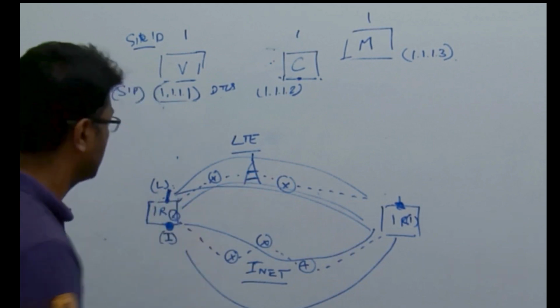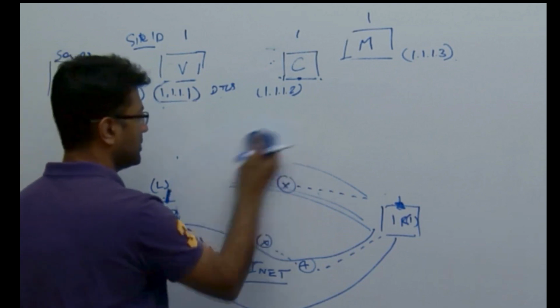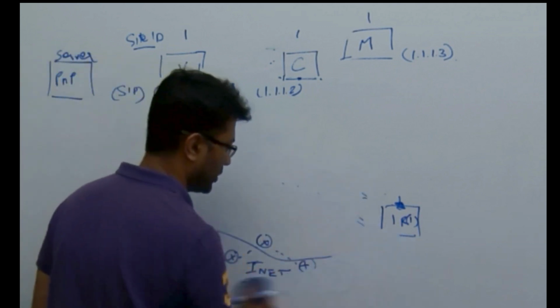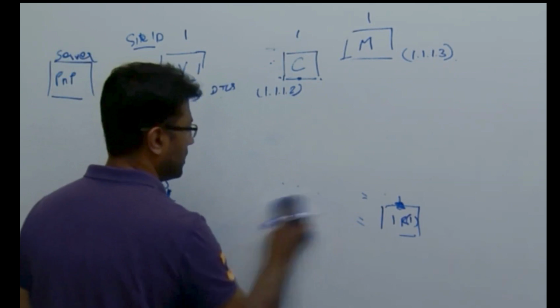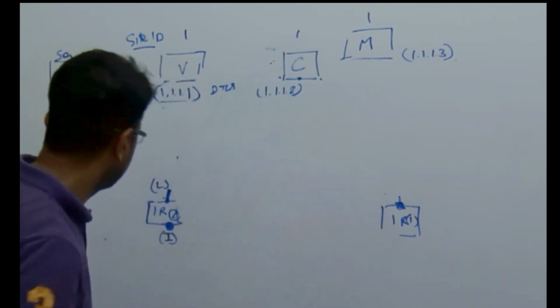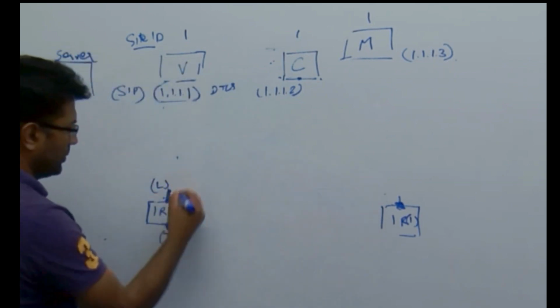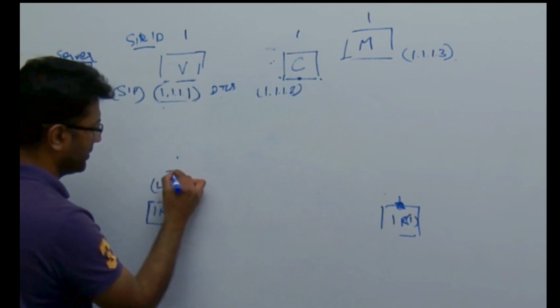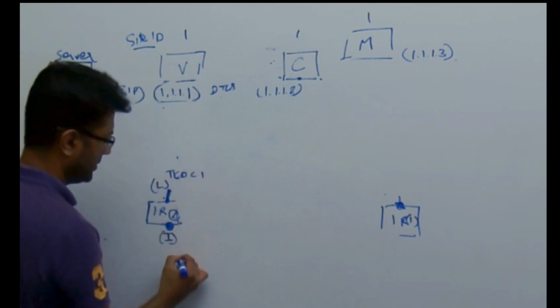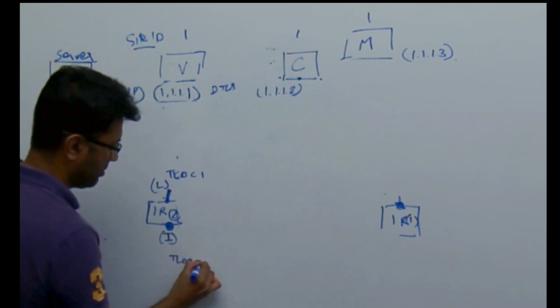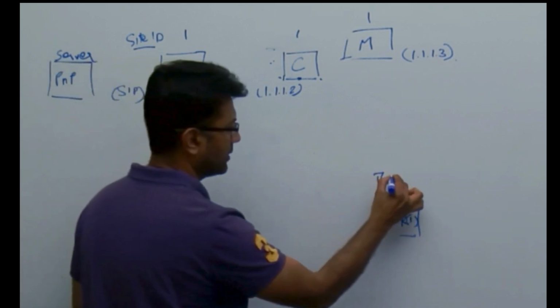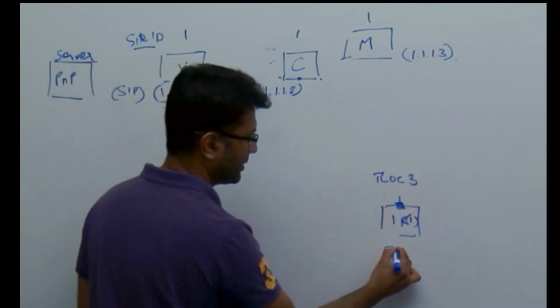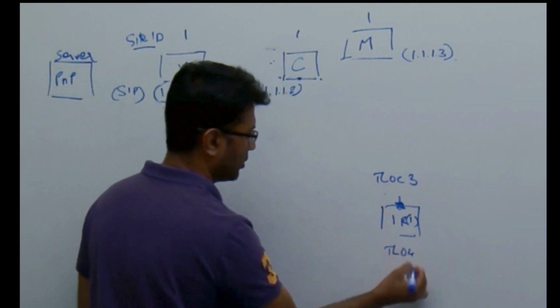So let me clean this up a little bit again. By this point, we should know what the underlay is, so let me create the T-locks again. T-lock 1, T-lock 2, T-lock 3, T-lock 4.